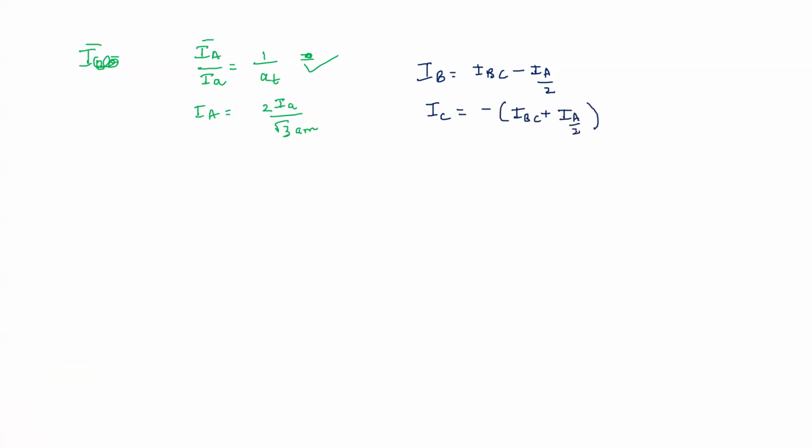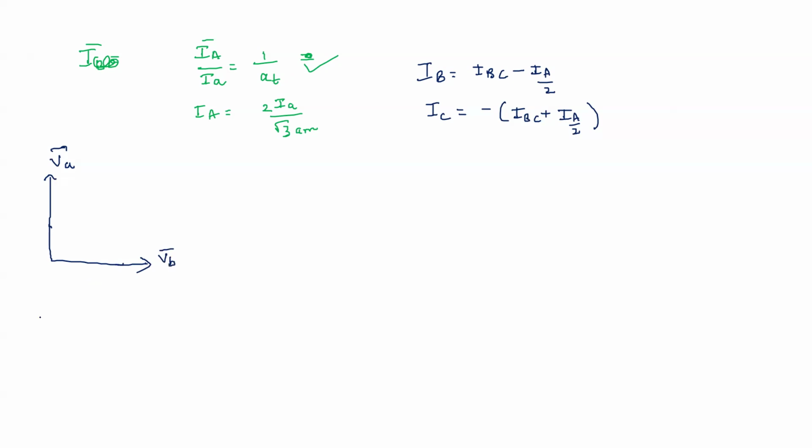Okay. So let us draw the phasor diagram. Let us draw the phasor diagram for the currents. So for now, we know that the voltage phasors are like this, that VA is here and VB is here. Okay, so this VA is here, VB is here.